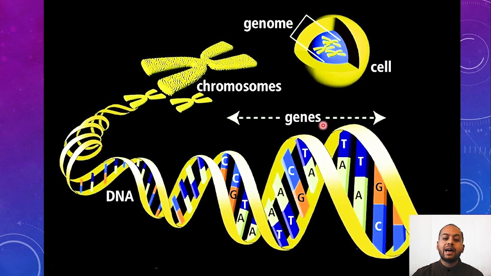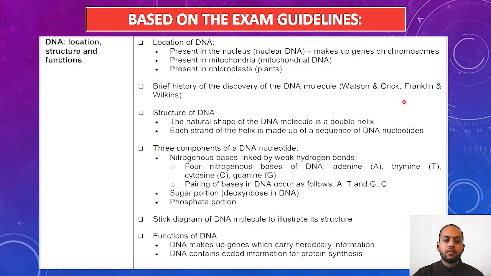And there are going to be a number of genes found on the chromosome. Why am I saying that? Because DNA is located on the chromosome, and it's located all over the actual chromosome.